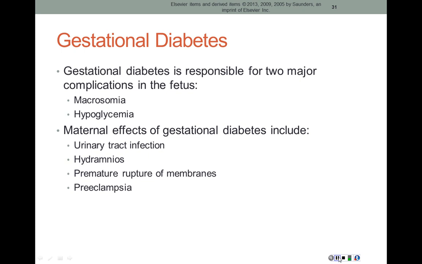So, during testing, they do the glucose challenge test, and this is where you drink this really sweet, syrupy glucose solution, and then 1 hour later, they're going to test your blood sugar and see what it is.